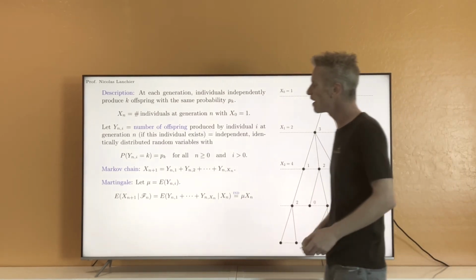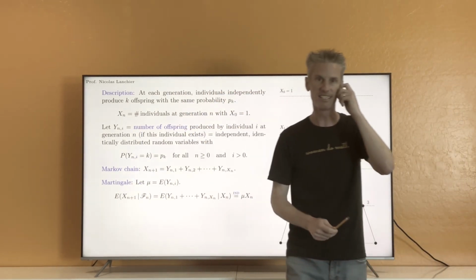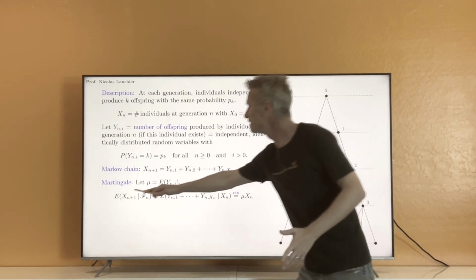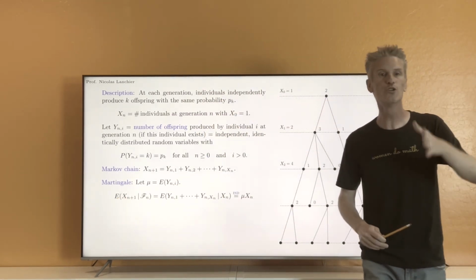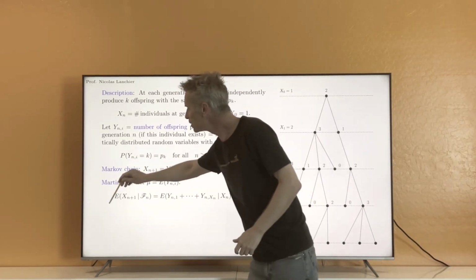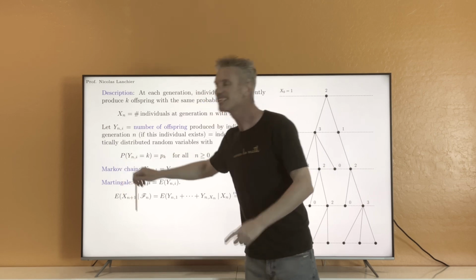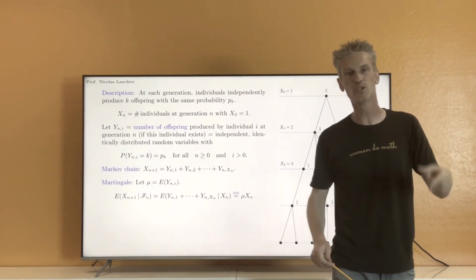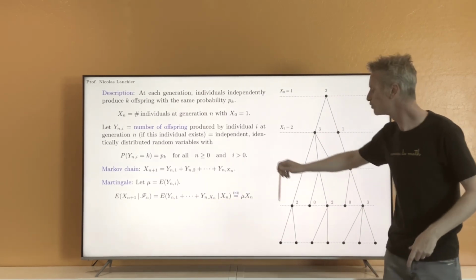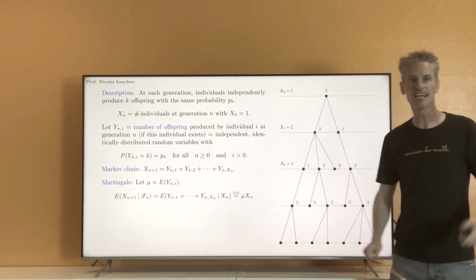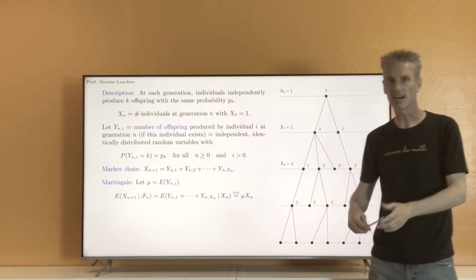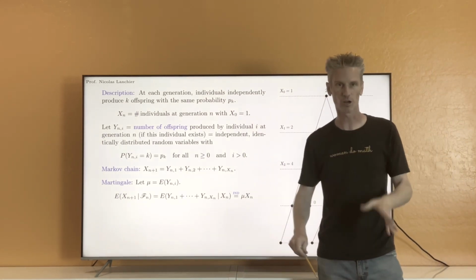If you use the fact that the conditional expectation is linear, you divide on both sides by mu to the power n plus 1, and what you get is that the conditional expectation of Xn plus 1 divided by mu to the n plus 1 given Fn is equal to mu times Xn divided by mu to the power n plus 1, which simplifies and gives you Xn over mu to the n.